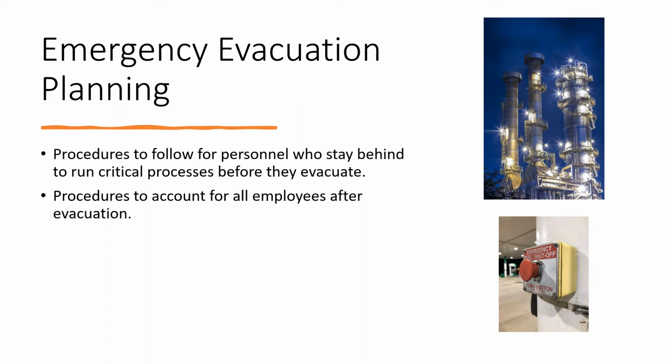So unless everybody leaves at the same time, you always have to have a plan for who's going to stay and, for lack of a better term, button up the plant as you're getting ready to leave. The same thing works for offices too.